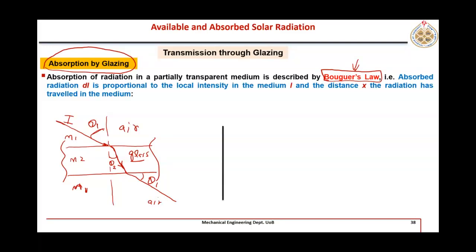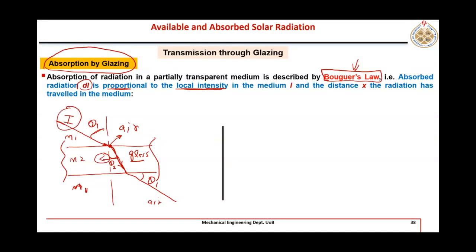Okay, so now a part of this radiation is reflected, but the part which is flowing through this glass, a part of it will also be absorbed here. So now we want to find out what is that absorbed part. This absorbed radiation is represented by dI, and that is proportional to the local intensity.